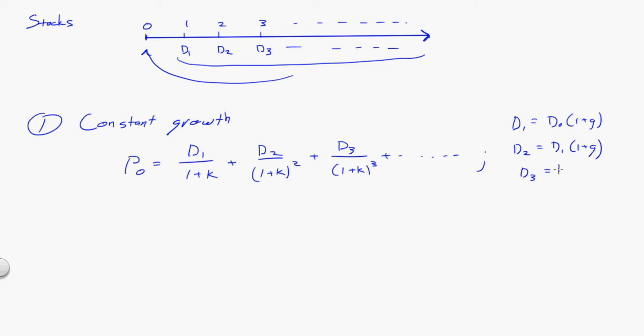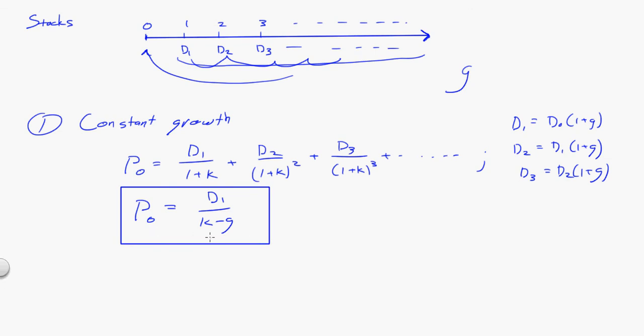D3 is equal to D2 times 1 plus G. So every dividend, every year, the dividend grows at constant rate G. You can then go down to the math department and have some guys there do some algebra for you, and they'll show you that this is equal to D1 over K minus G. So even though it may not look like it, I want you to recognize that this formula is simply the present value of all the future dividends, assuming constant growth.